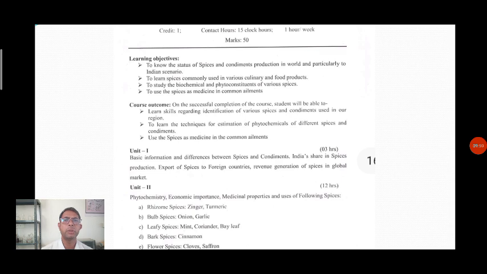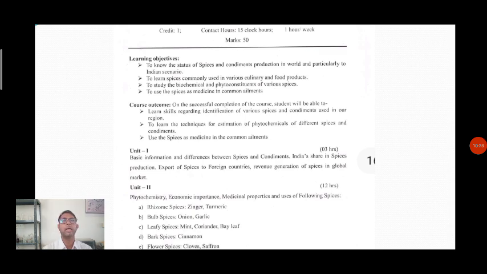Now let's talk about the syllabus. Here you can see that in this particular paper there will be two units, unit number 1 and unit number 2. Unit number 1 is of 3 hours and includes basic information and differences between spices and condiments, India's share in spices production, exports of spices to foreign countries, and revenue generation of spices in the global market.